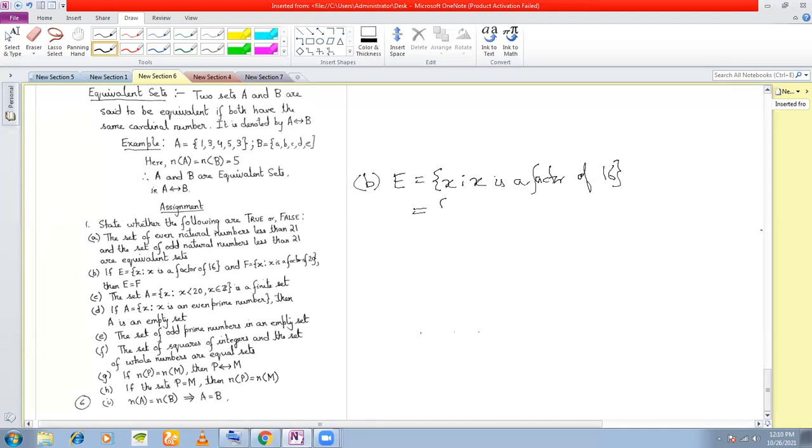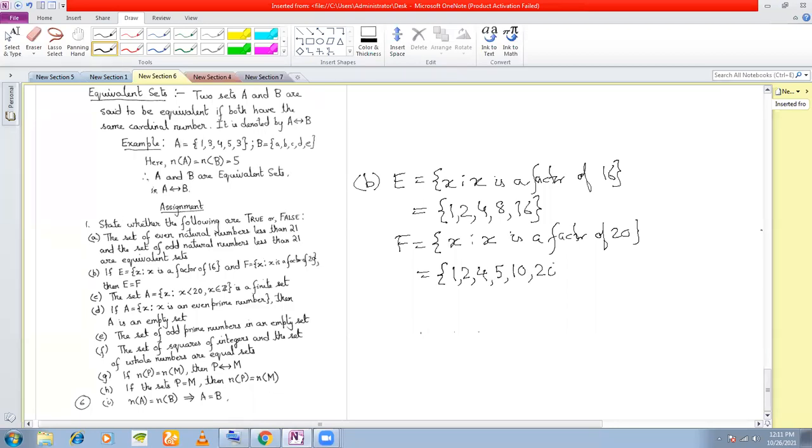So what are the factors of 16? 1, 2, 4, 8 and 16. Again, F is given in set builder form: x is a factor of 20. Let us now write it in tabular form. What are the factors of 20? 1, 2, 4, 5, 10 and 20. Right? These are the factors.